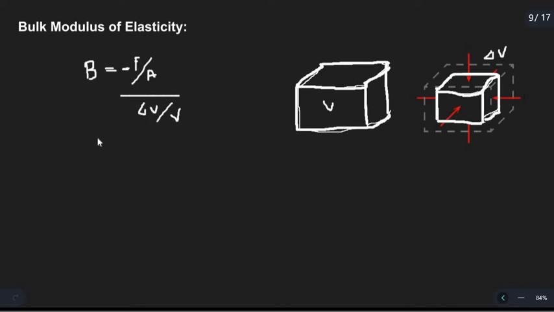Okay, now B will be equal to your minus, okay, let's now see. Now this force is acting normally to the surface, right? इस बॉडी का जो सरफेस है उसके ऊपर नॉर्मली ये फोर्स एक्ट कर रहा है.